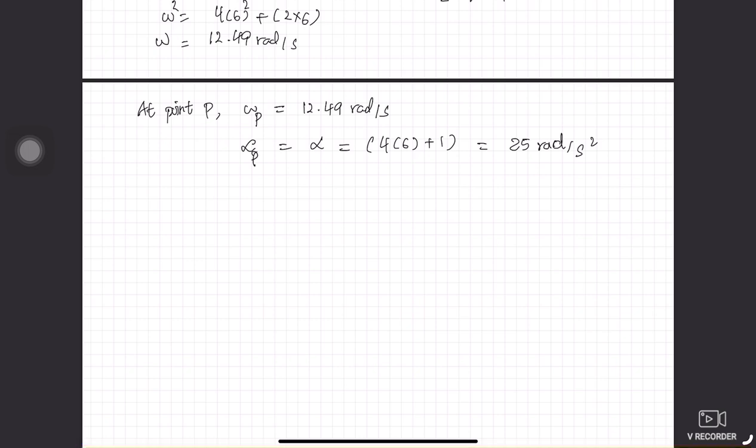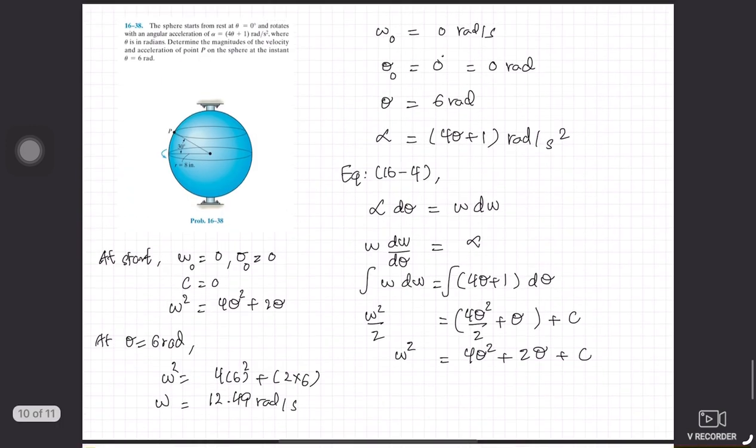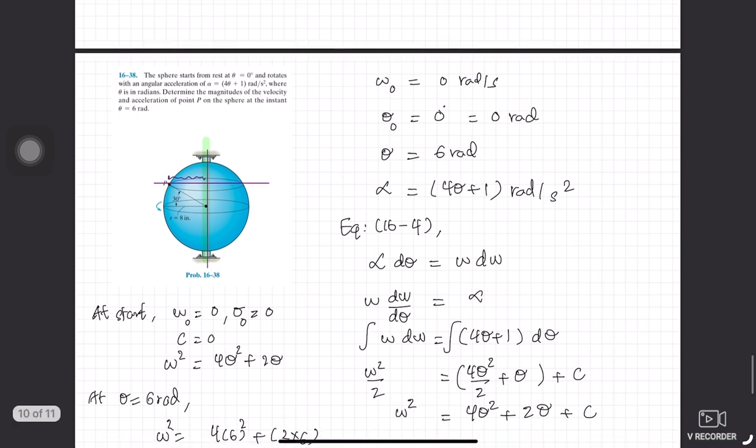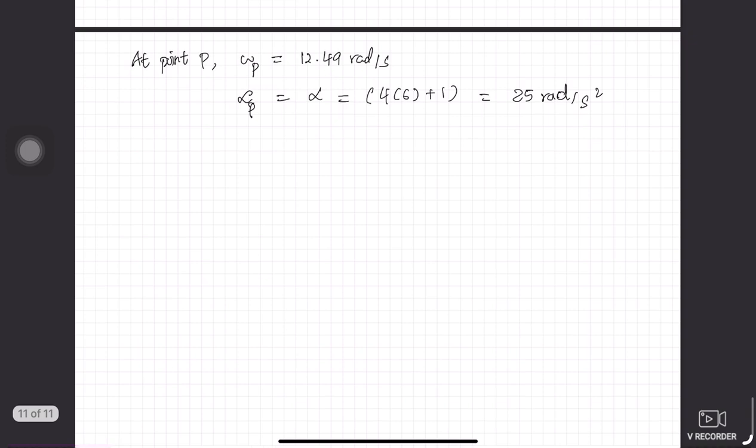From now we still need to find the magnitude of velocity and acceleration at point B, and we only have the angular values, so we need to find the distance from the axis to the point P. This is a sphere, so we will draw a circle down here.